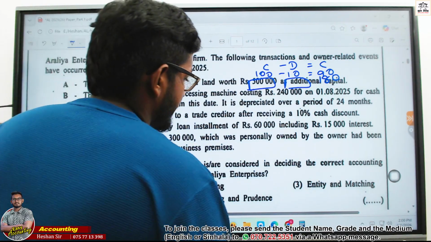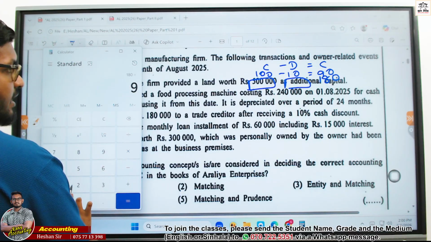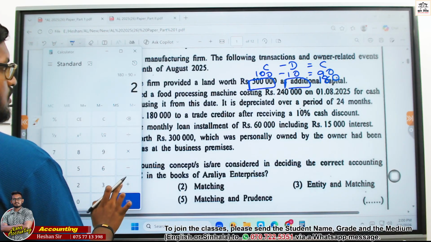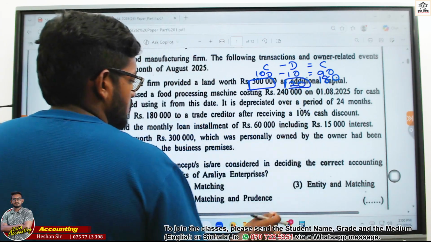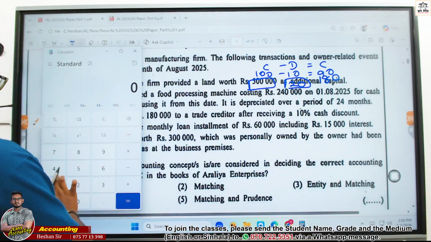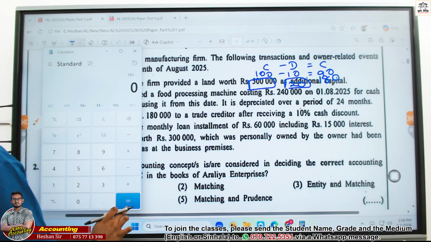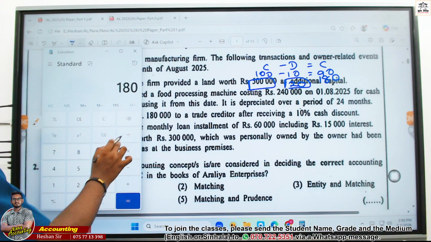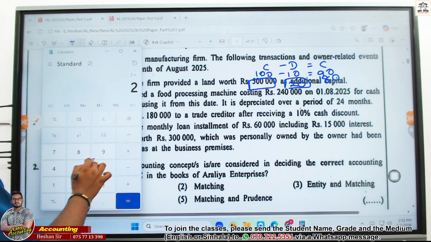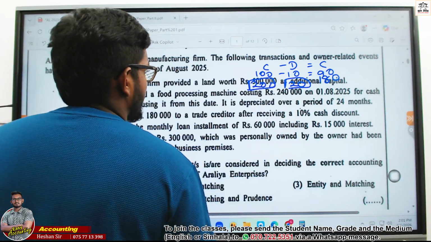180 divided by 90 multiplied by 10, that is 20. So 180 divided by 90 multiplied by 100, that is 200. 200 minus 10 is 180.